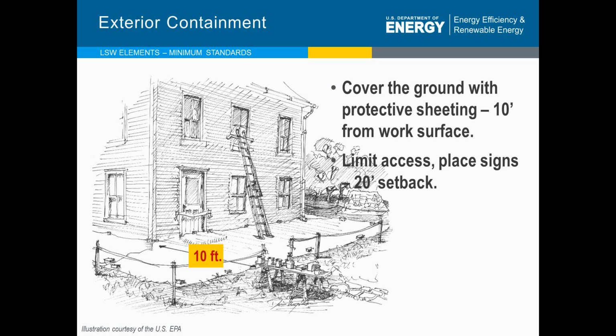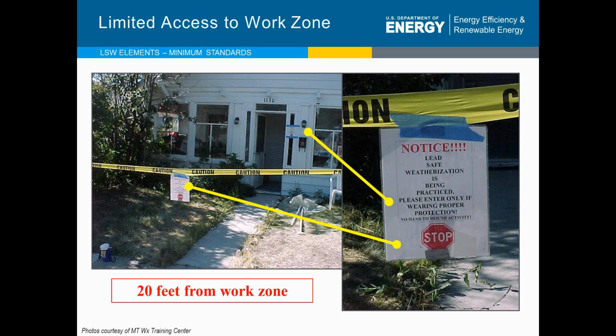And signage and barriers, the signage must be in the language that is understood by the neighbors, the neighborhood, because here the signage is not just simply for the occupants and the workers; it's for people that are walking on by. So we have some criteria here that we need to pay attention to.